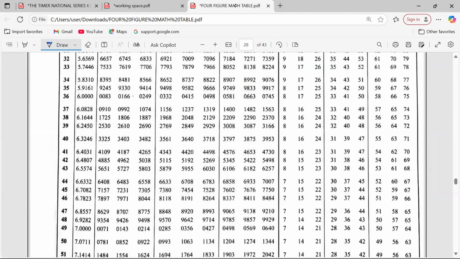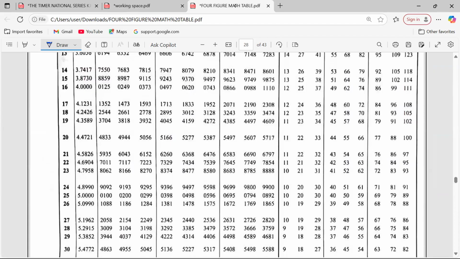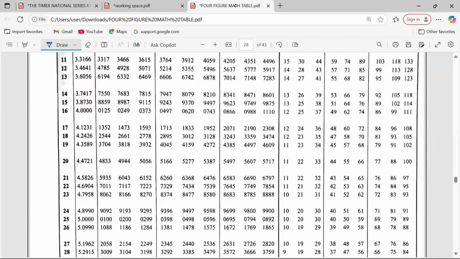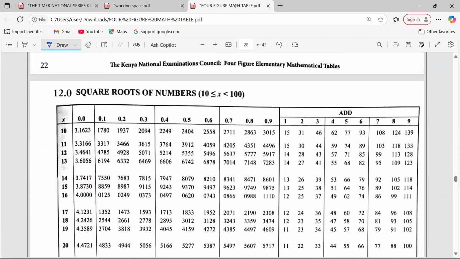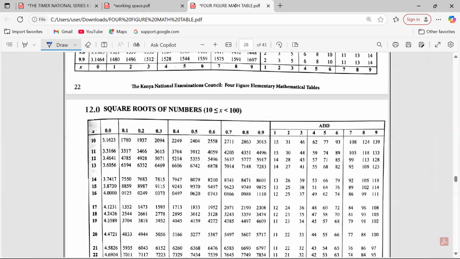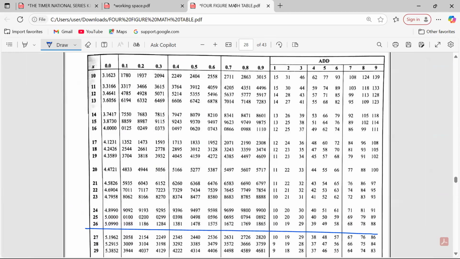So let's get to that. 26.18. So 26 is here. We are already on the tables of square roots. So 26 is here, 0.18. 26.1 here. Then 8. Check the column that has 8.